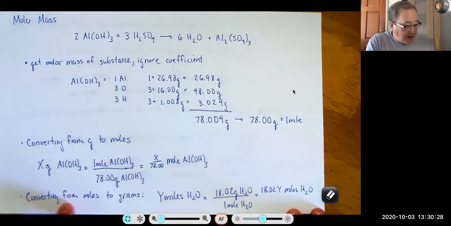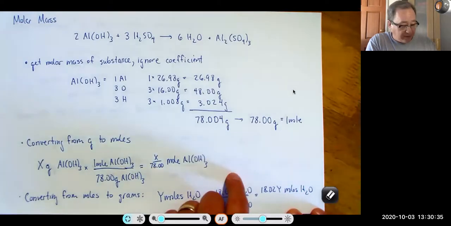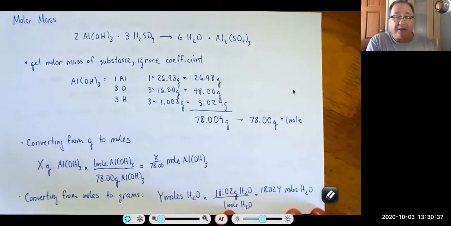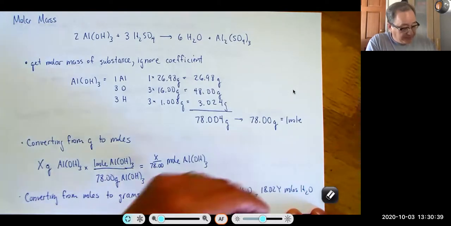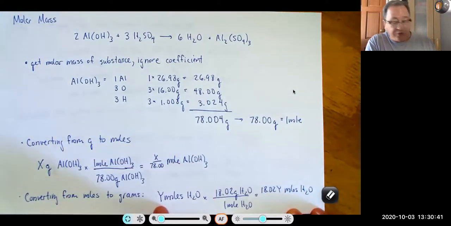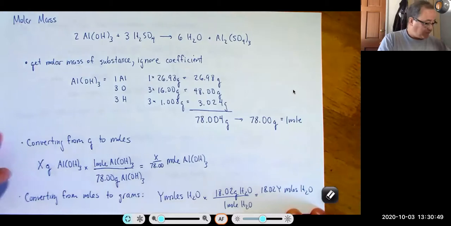Converting from moles to grams, you start off with moles of a substance, and you multiply by the molar mass, where the mass is in the numerator and the moles is in the denominator, so that these cancel. And here, if Y happened to be 2 moles of H2O, we'd end up with 36.04 grams of H2O.